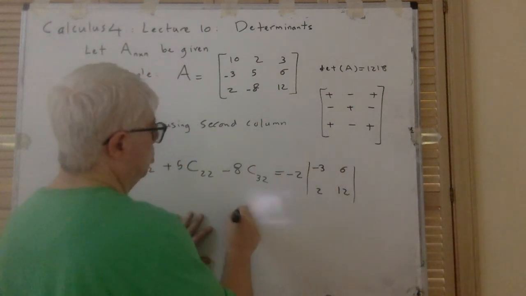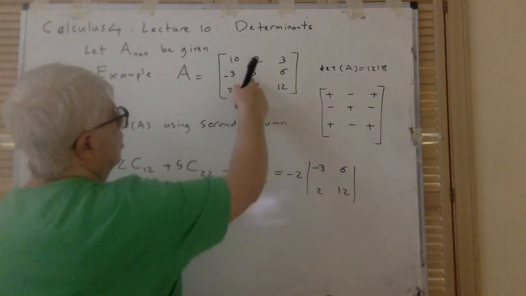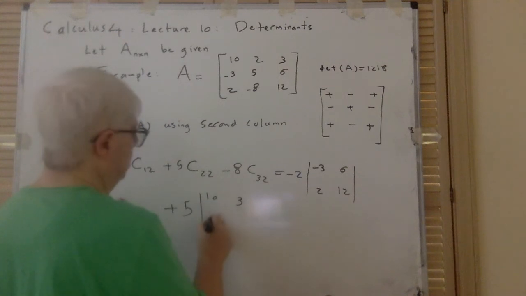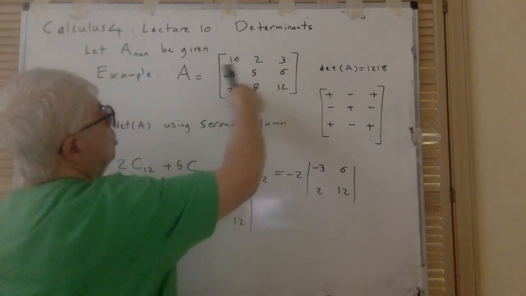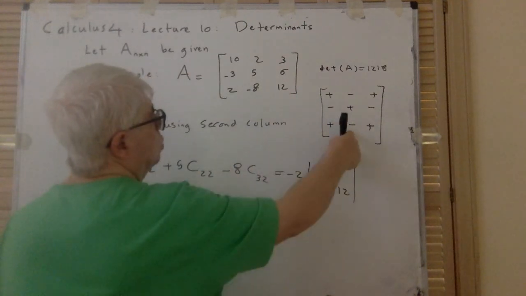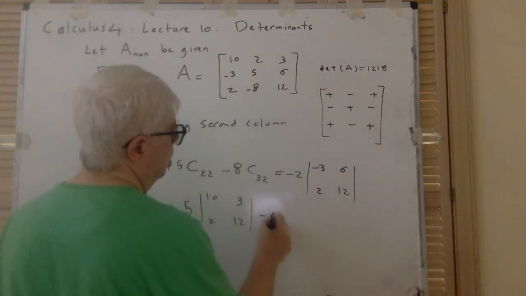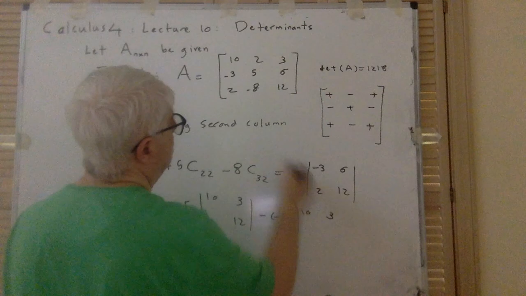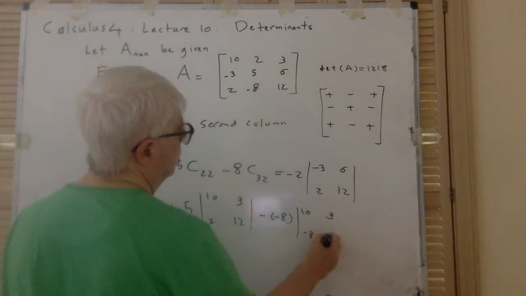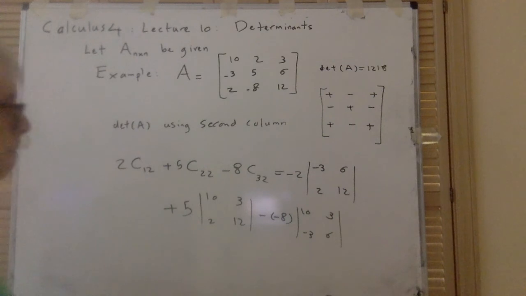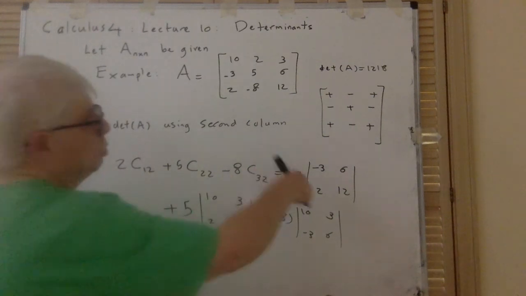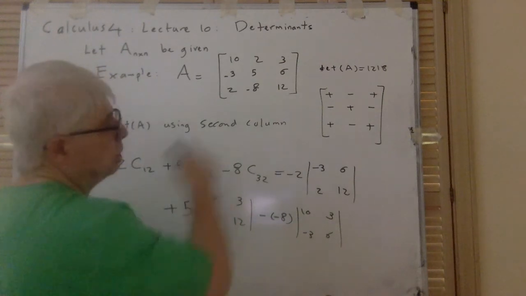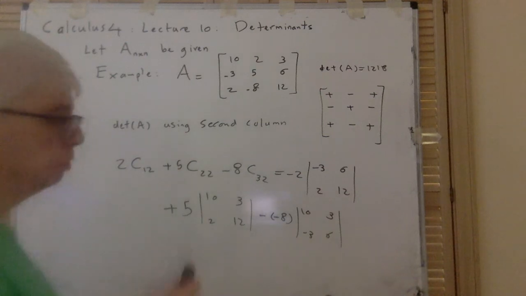And this is positive, plus 5 times this, and they remain 10, 3, 2, 12. Let me double check, 10, 3, 2, 12. Right. Then this one is negative, minus 8 times, get rid of this and this, I have 10, 3, minus 3, 6. Okay? So if you draw this picture, you will see which one has a positive sign, which one has negative sign. The rest is simply write that entry times its minor, in fact.